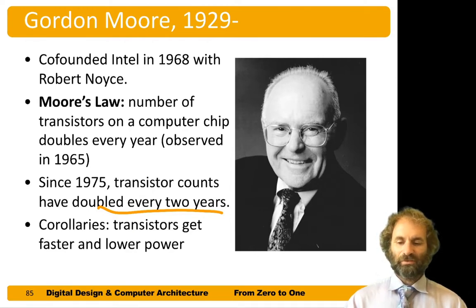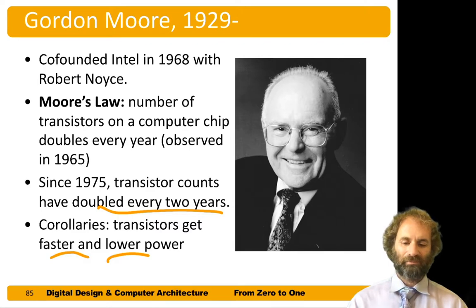And this is known as Moore's Law, that the number of transistors you can get on a chip is increasing exponentially. Some corollaries of that is that the transistors are getting smaller. They also become faster and consume less power, and they're cheaper. So we have this virtuous cycle that is making chips better and better.